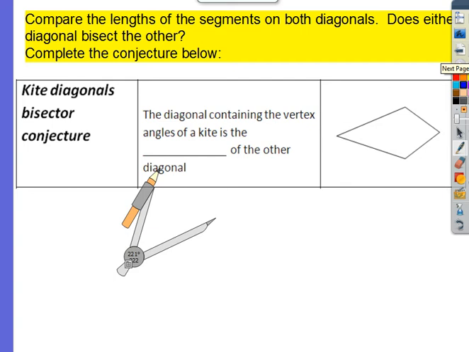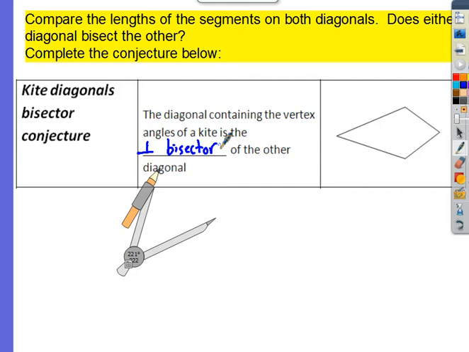finish writing that. Now you have the kite diagonal bisector conjecture. The diagonal containing the vertex angles of a kite is the perpendicular bisector. Now this symbol I just drew means perpendicular. You can write out perpendicular bisector. The diagonal containing the vertex angles of a kite is the perpendicular bisector of the other diagonal.